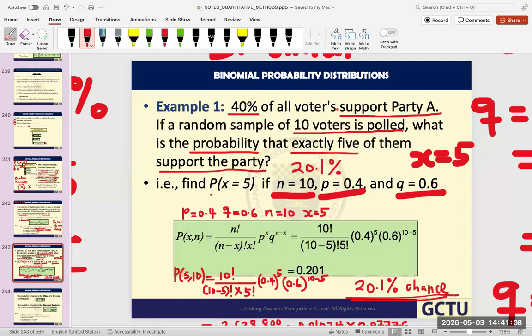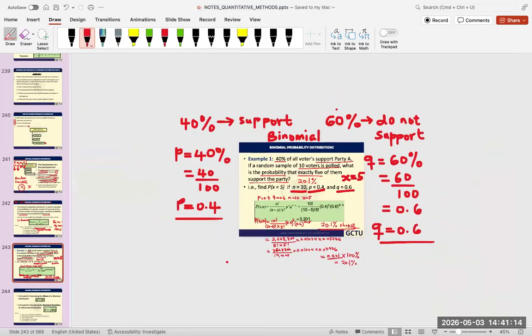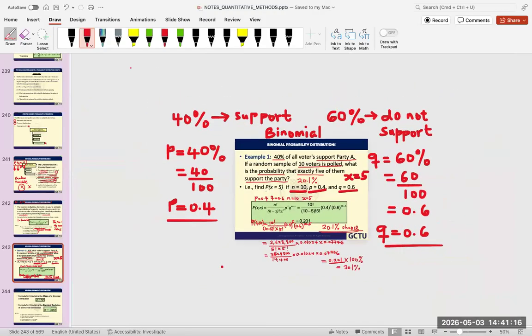Right from the time we started the course, I told you there are 3 things we are doing. First of all, we find the shape of a distribution.